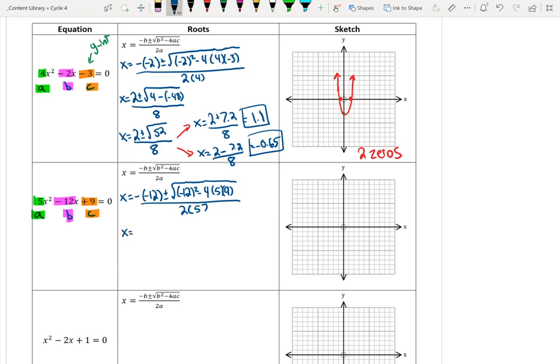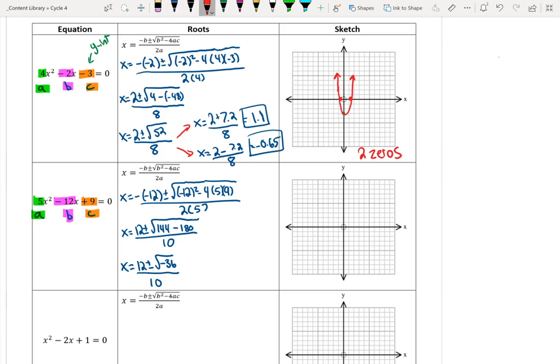If I simplify, I get x equals 12 plus or minus the square root. -12 squared is 144 minus 180, all divided by 10. So 144 minus 180, -36 divided by 10.